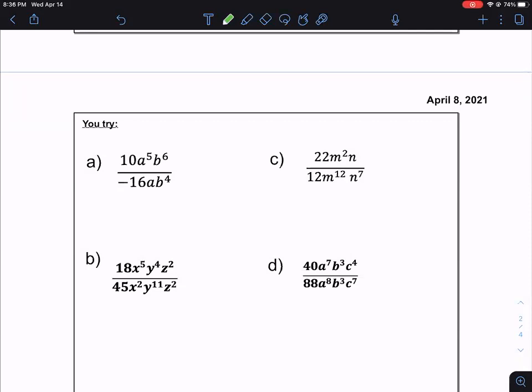Okay, and if you want to write in your notes, again, these are called monomial rational expressions. Okay, so you have a minute down.